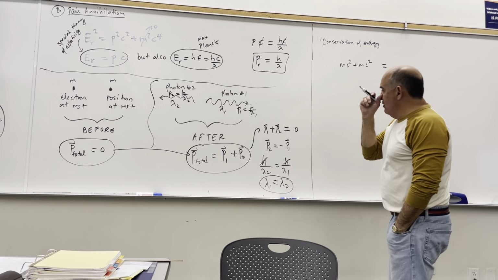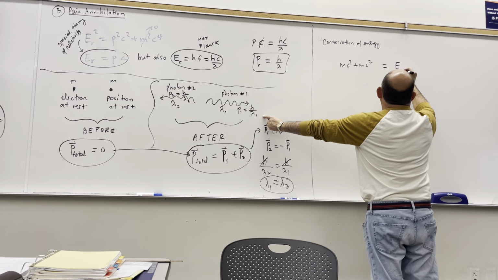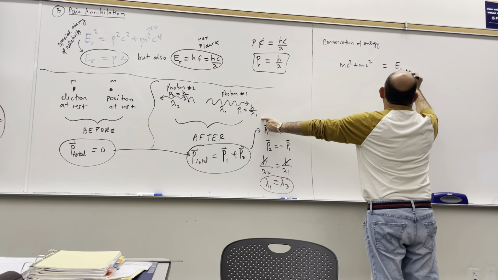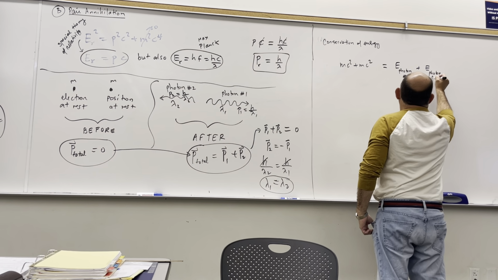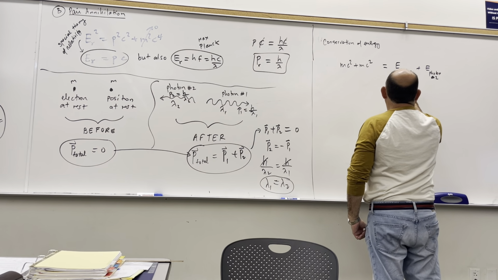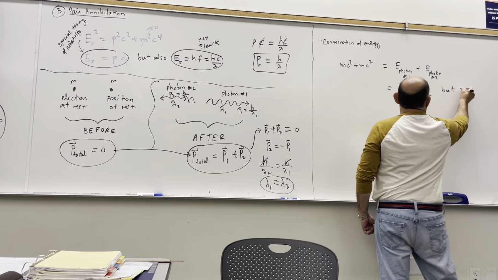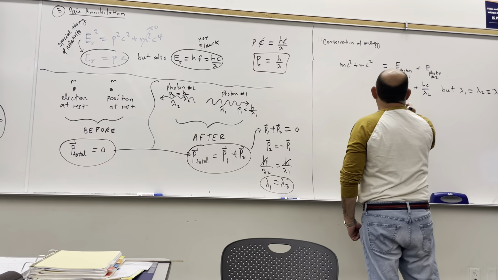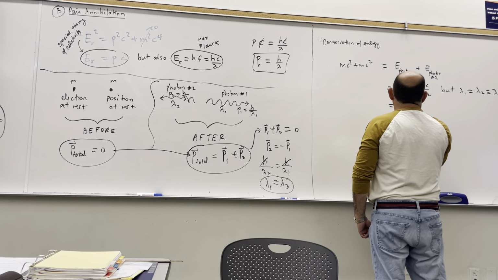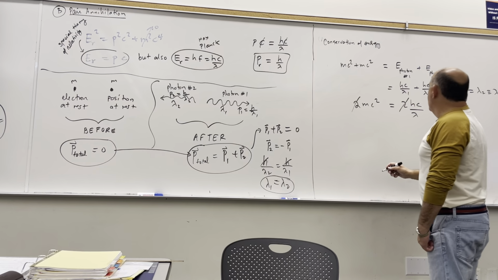And then at the end, you have the energy of this photon plus the energy of the other photon, which is hc over lambda 1 plus hc over lambda 2, but lambda 1 equals lambda 2, I'll just define that as lambda. So this is 2 hc over lambda, and this is 2 mc squared, so the 2's cancel.